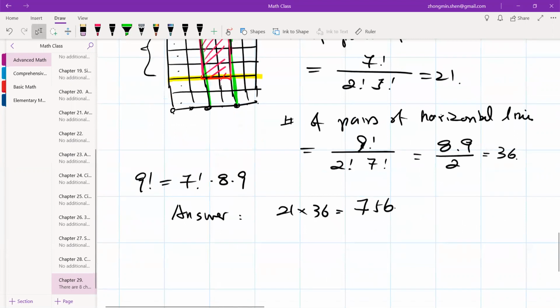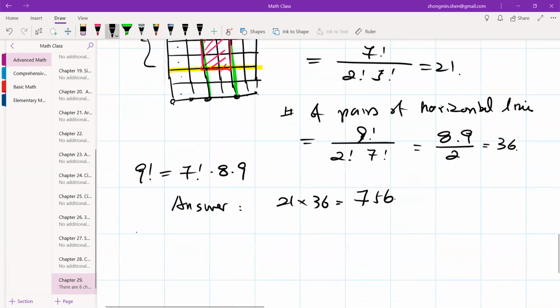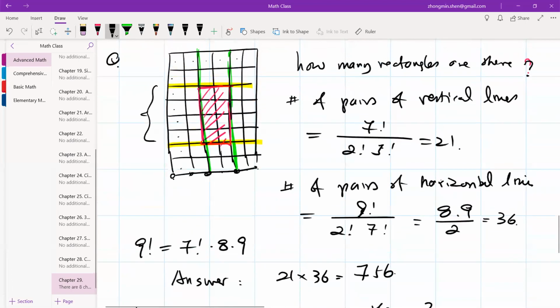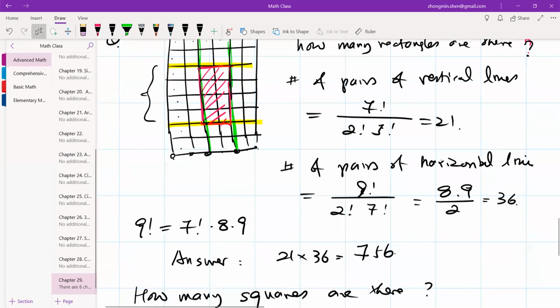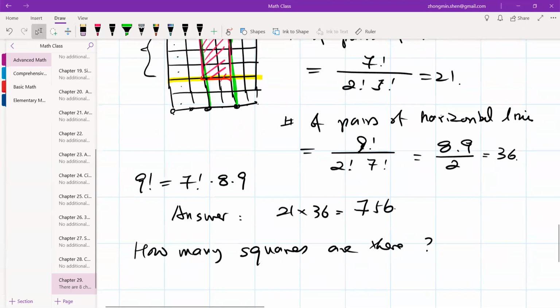For the same problem, my next question is, how many squares are there? Aha, the number of squares should be smaller. It's the same picture. The squares could be of different sizes: 1 by 1, 2 by 2, 3 by 3, 4 by 4. The largest square is 6 by 6.